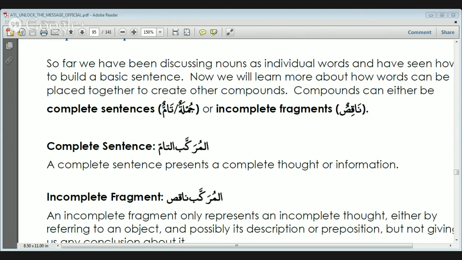Li'ilafi. Ilaf is the word. Jar because of li. That's why. Okay. So I just wanted to get started on that and we'll finish it tomorrow.